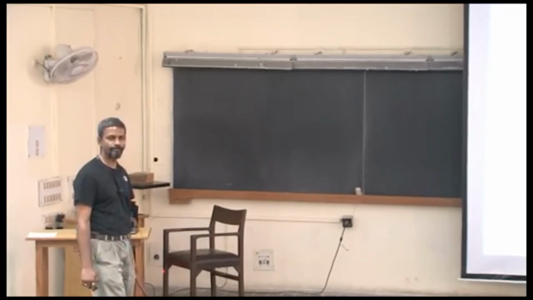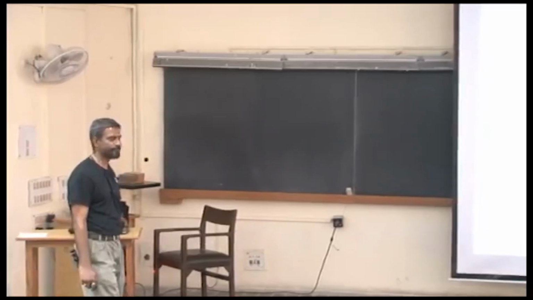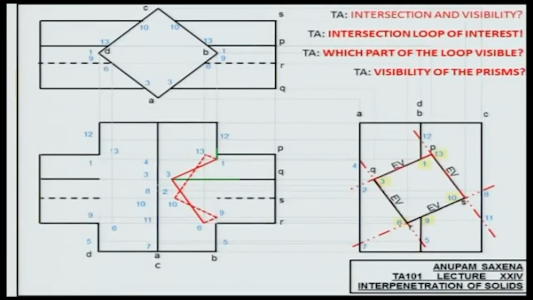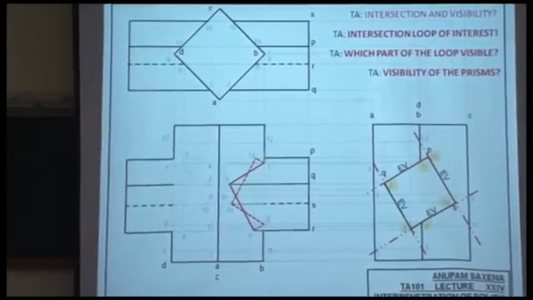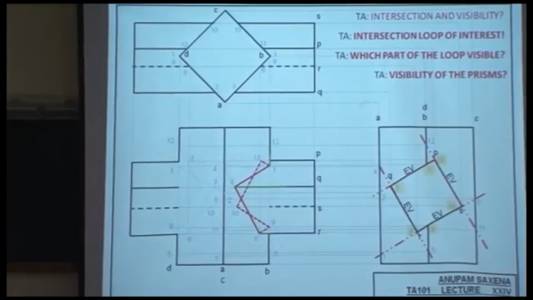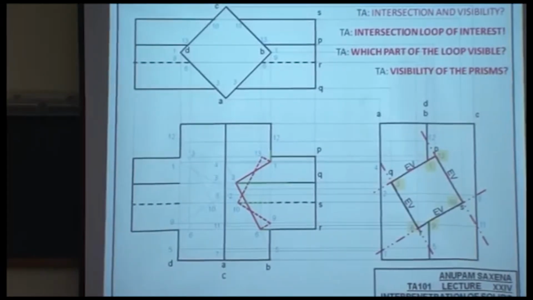This is going to be visible. That will be visible. This will be visible. This one here will be hidden. Why is that?